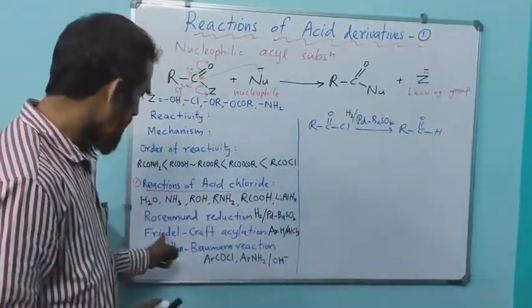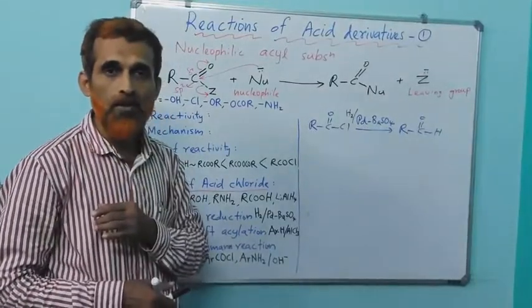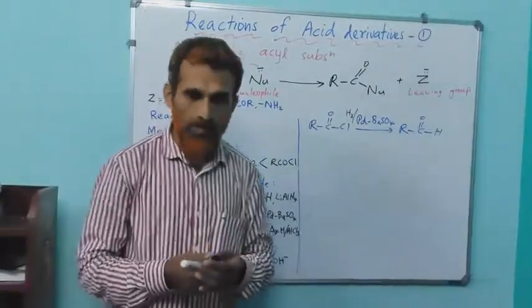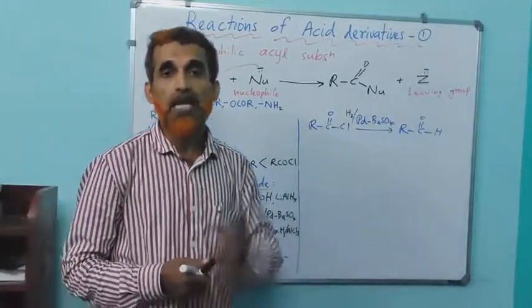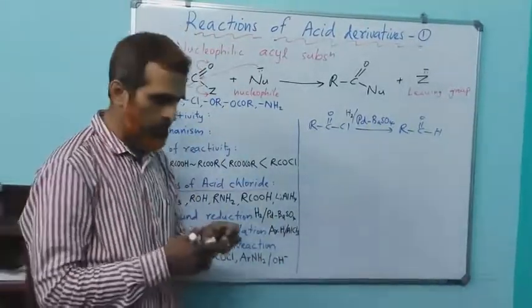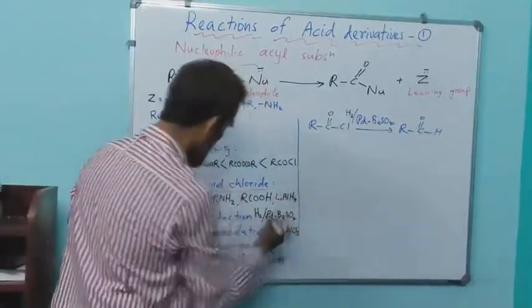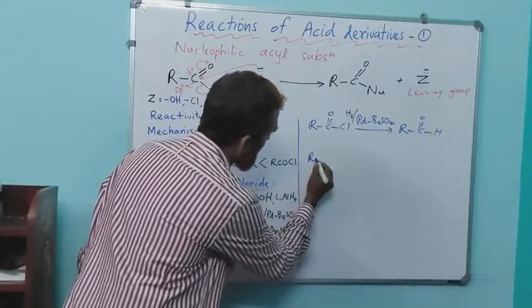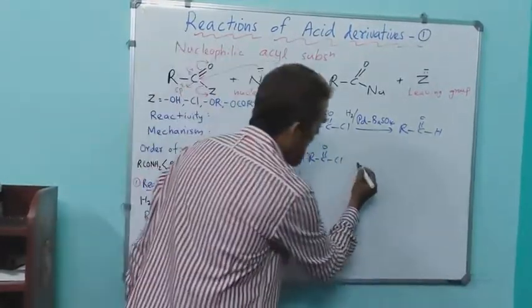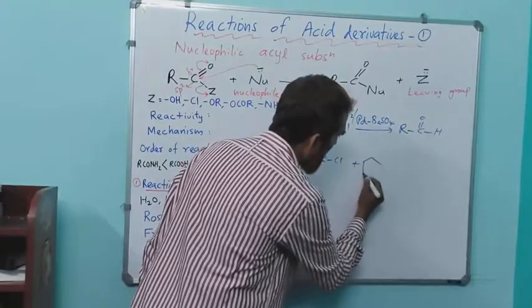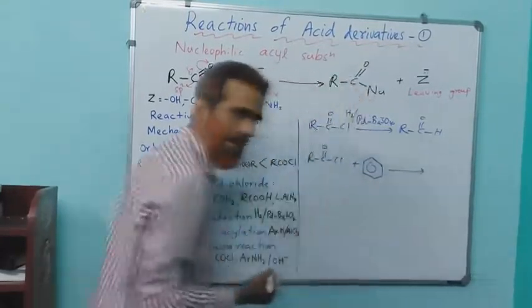The next is Friedel-Crafts acylation. This is a familiar reaction to you. Acylation, that you learn in aromatic hydrocarbons, where you discuss electrophilic ring substitution reactions or aromatic substitution reactions. So if you take this acid chloride and you treat with benzene, for example, any aromatic system, you need a catalyst. What is that catalyst?